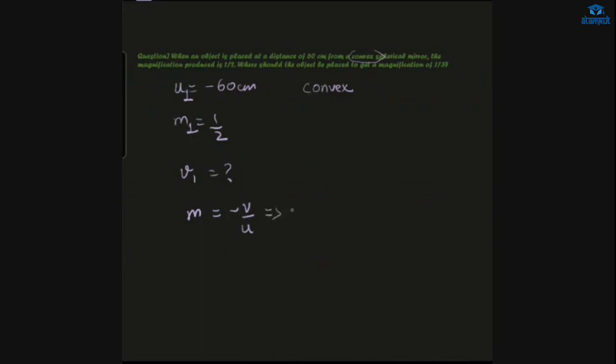Here m1 is equal to minus v1 by u1. So v1 will be minus m1 times u1. So m1 is 1 by 2 and u1 is negative 60 centimeter. So negative times negative will get positive, and this will be 30. So it will be 30 centimeter.